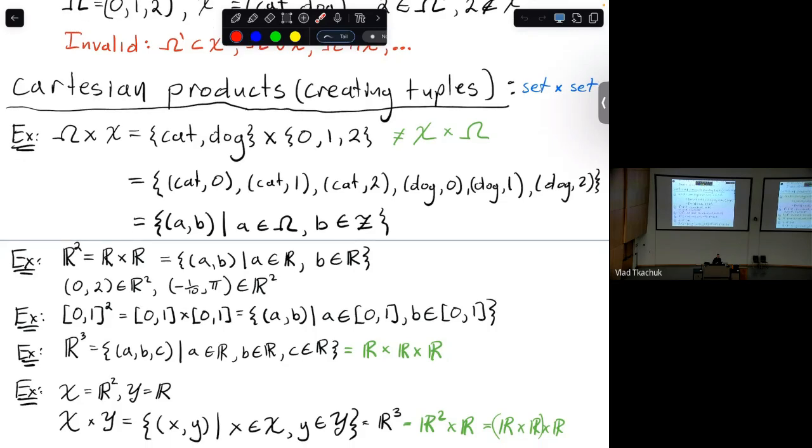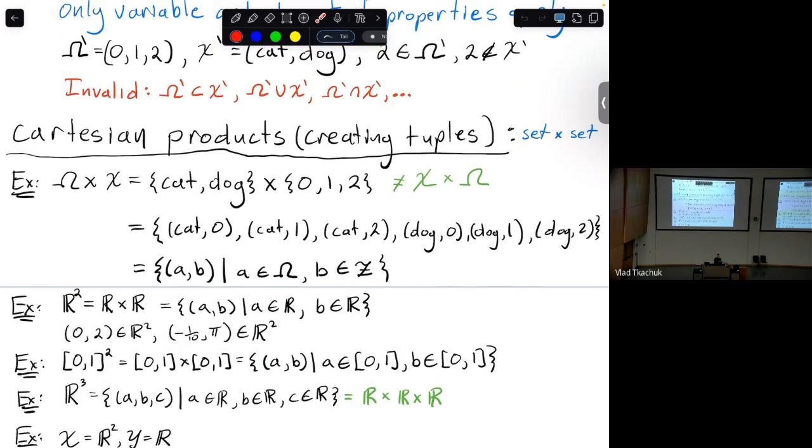And we talked about this very important thing called the Cartesian product, which, I guess what I have here is kind of incorrect, because it's not creating tuples, it's creating sets of tuples, right? And maybe let me remind you because this was important. So the Cartesian product is an operation on one or more, well, it's actually an operation on two sets, but you can do it multiple times.